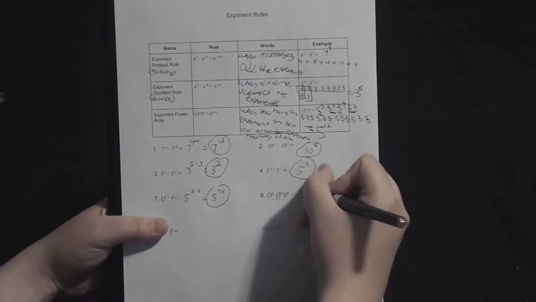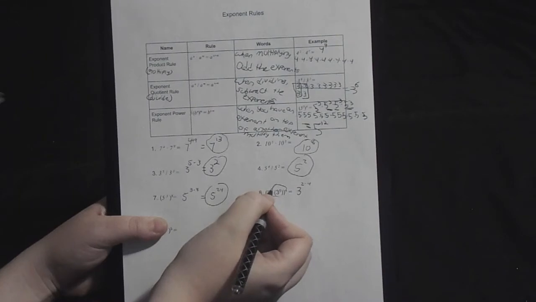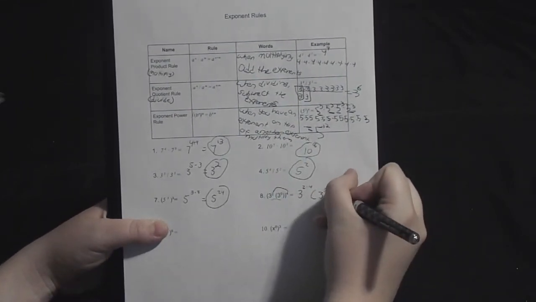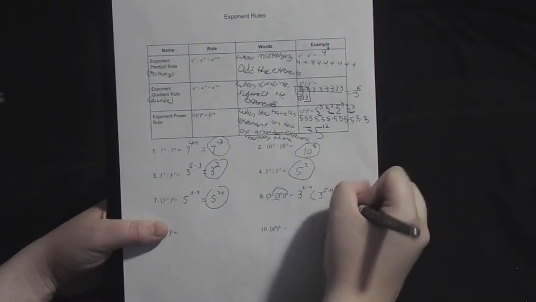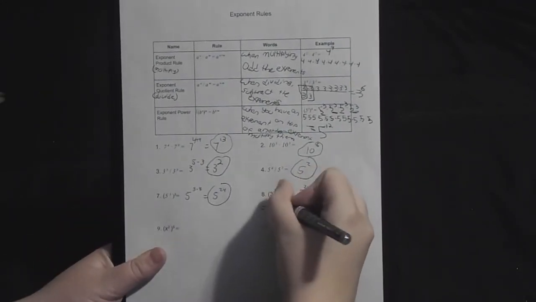And that happens in both situations. So you do 3 to the power of 2 times 4, because you have to put this 4 with this 2. And then you also have times 3 to the power of 5 times 4, because you also have to put this exponent of 4 on top of that 5. And then after you multiply, you get 3 to the power of 8.